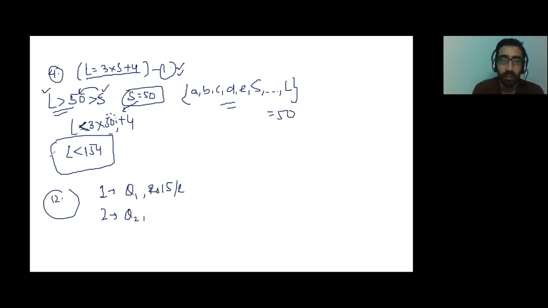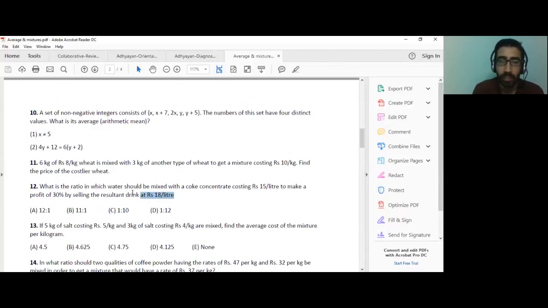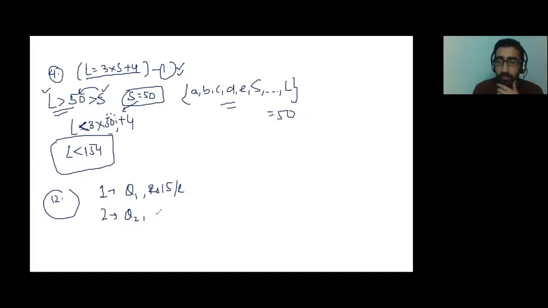Now, an assumption here is going to be that water is free. In this question, you will take that water is free. No price for water has been mentioned. There's nothing wrong here with assuming water is free. I would expect it to be given in the question. Water is free, maybe in a bracket.